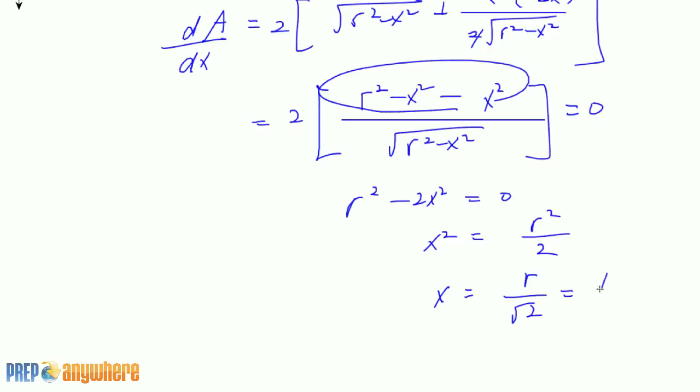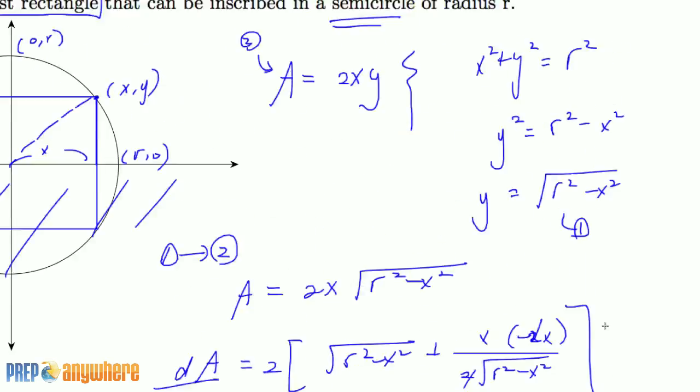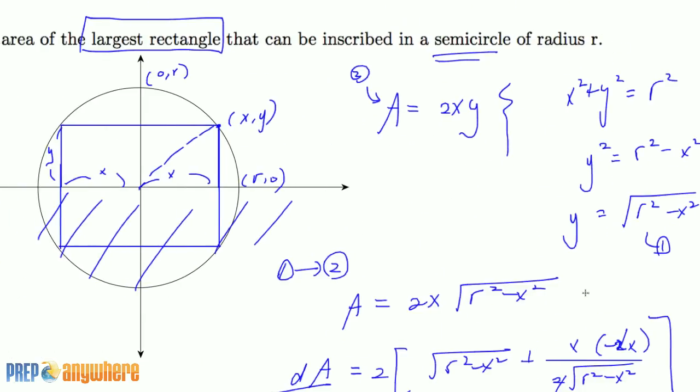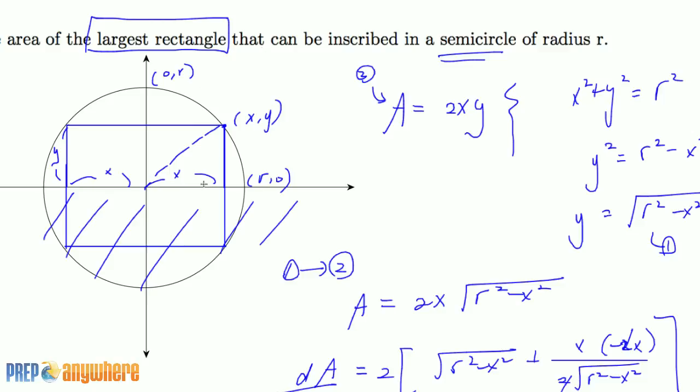So that's actually 1 over root 2 times r, right? Remember from trig, that's actually the sine of 45, which means this has to be 45 degrees.